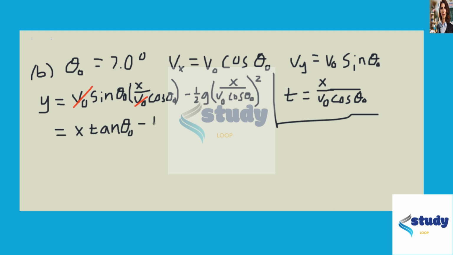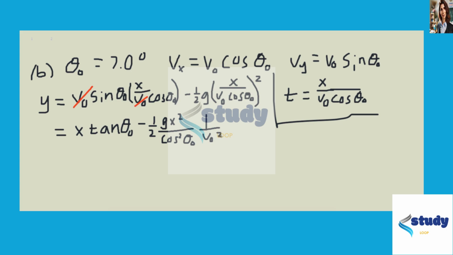And this is still minus 1/2. Then let's write everything that we're not trying to solve for on the outside, so we have g times x squared, divided by cosine squared theta naught. And this is all multiplied by 1 over v naught squared.